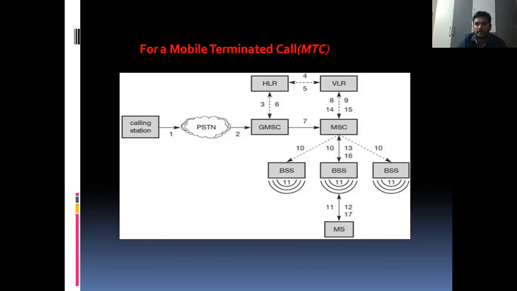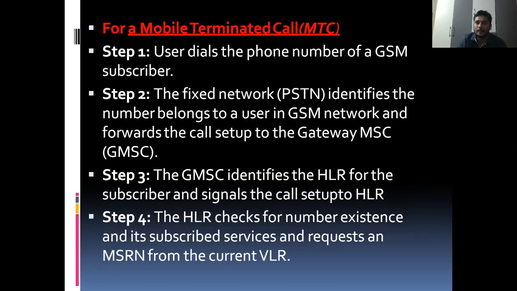So simply we can say we are calling some other person, we receive a ring, they pick up the phone, and we can communicate and transmit the voice. But this many steps happen in how a call is connected from one mobile device to another mobile device. A total of 17 steps happen.